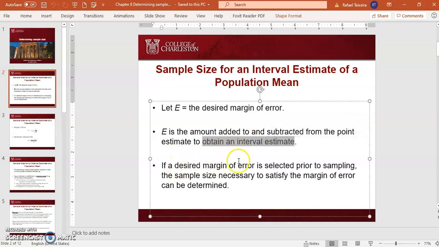If a desired margin of error is selected prior to the sampling process, prior to collecting the data, let's say I don't want too much error. I want a specific margin of error, but I haven't collected data yet. So I can plan the sample size necessary to satisfy this need.